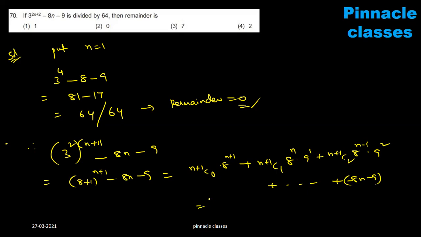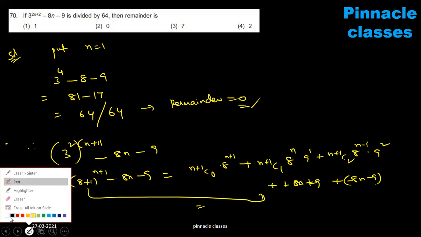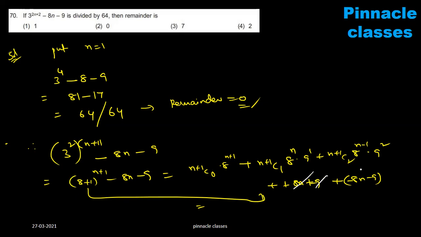What are you observing in this case? Anyone? In this expansion, the last two terms are 8n plus 9, so both terms are cancelled. Finally, what are you observing here?